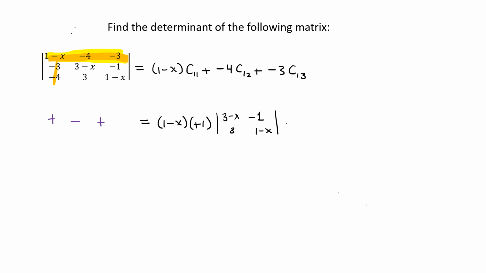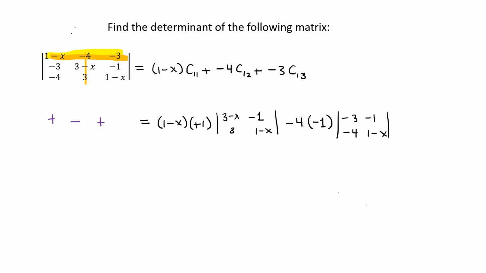All right, then we've got negative 4 times, we get a negative 1 from our checkerboard. We're going to erase the row and column containing negative 4, leaving us with the matrix negative 3, negative 1, negative 4, 1 minus x.